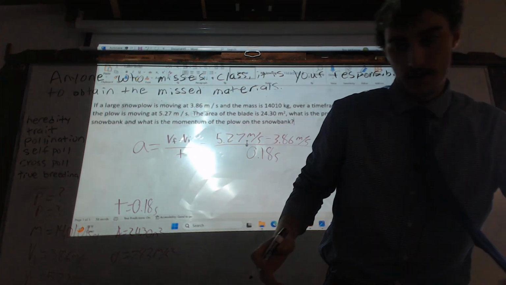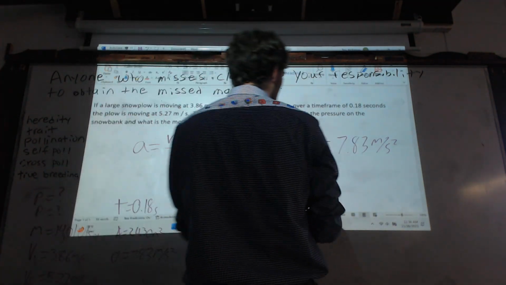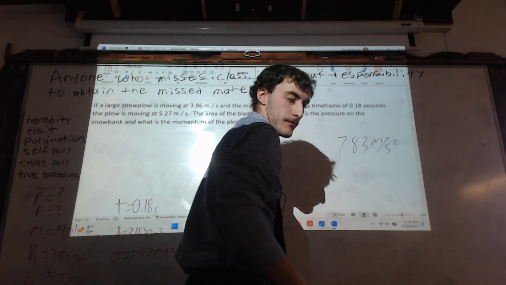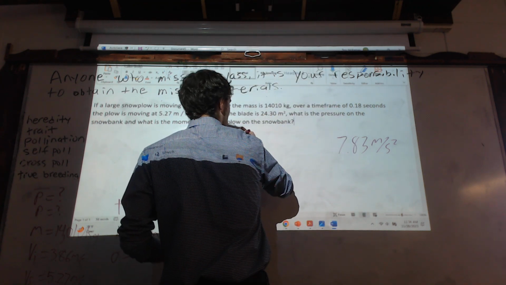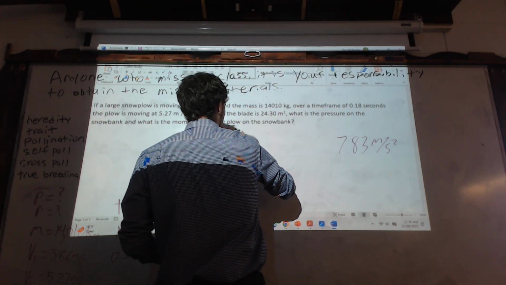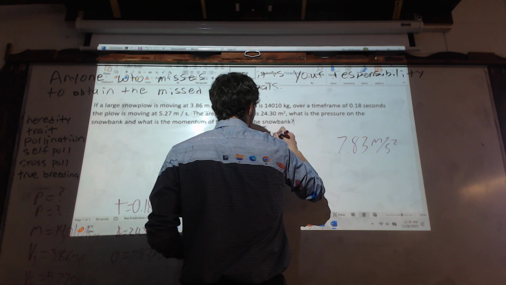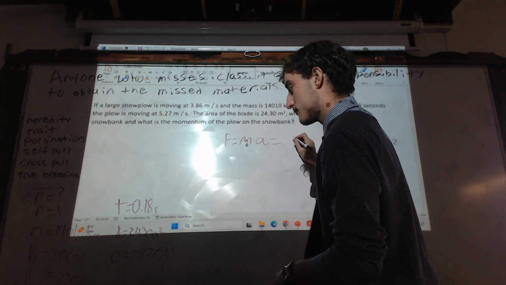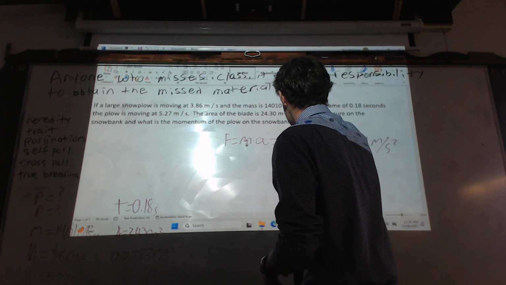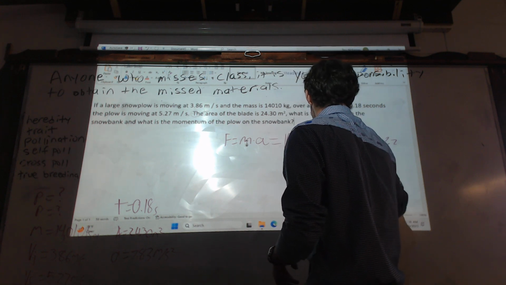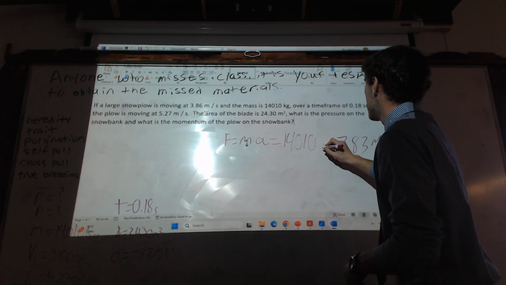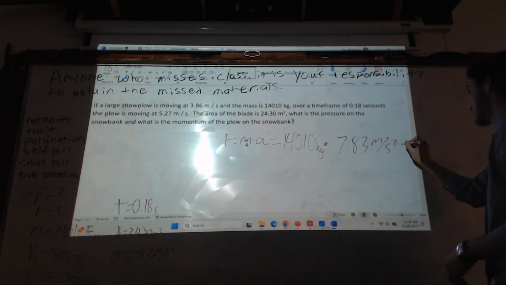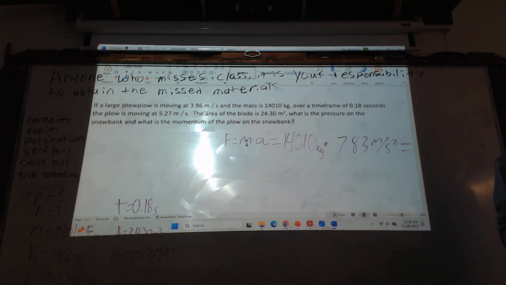Fantastic. Done and done. So now we're going to try to find what? Force. Yep. So force equals mass times acceleration, which equals 14,010 kilograms multiplied by 7.83 meters per second squared.